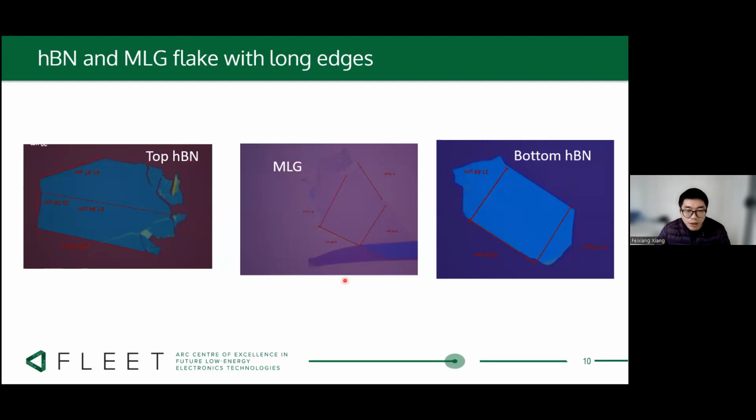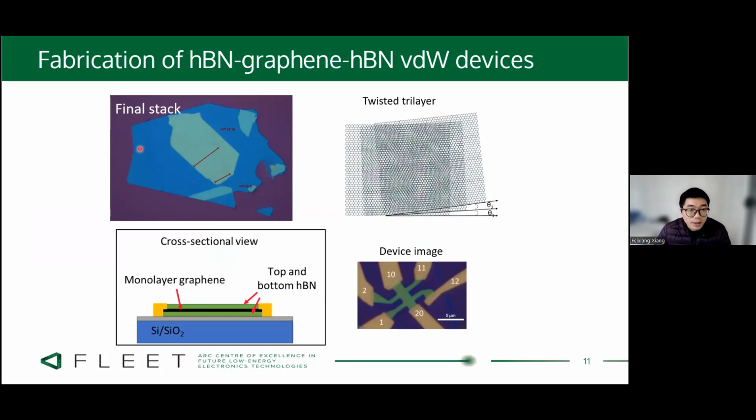There are a few very long edges, and then we align them. So this is the final stack, and this shows a schematic diagram of how these three flakes are stacked.